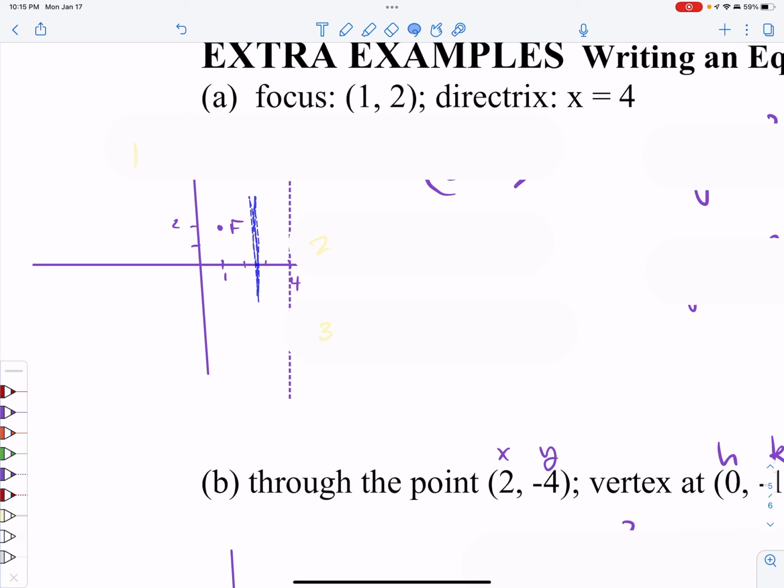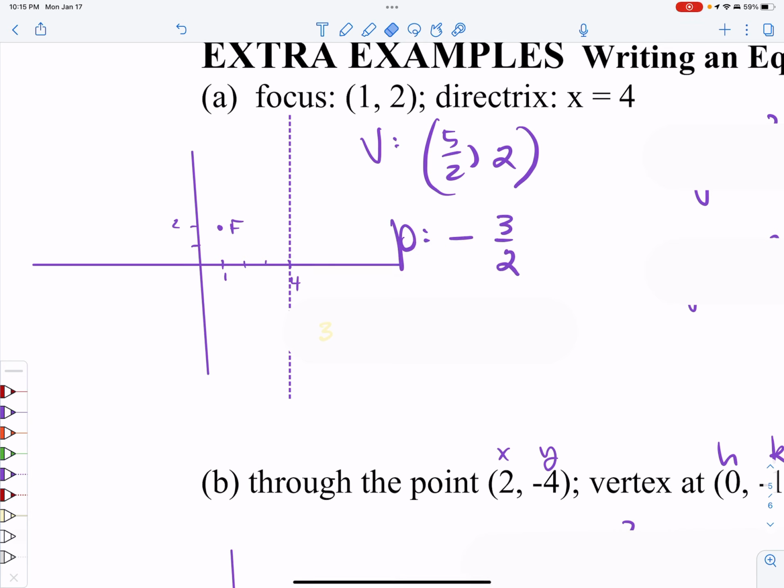It's going to be at the x value of 2.5, or you could also call that 5 halves. And since my y value is already 2 on the focus, it'll be at (5/2, 2). So my vertex then is going to occur at (5/2, 2), or (2.5, 2).